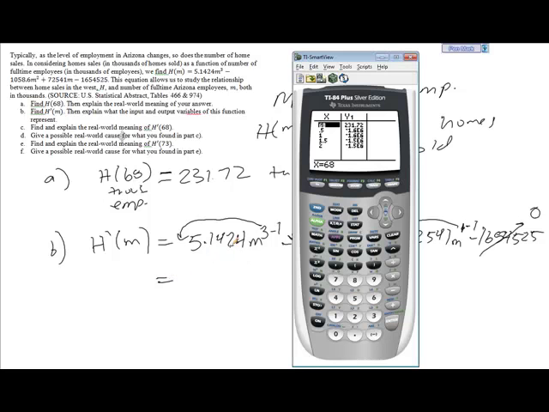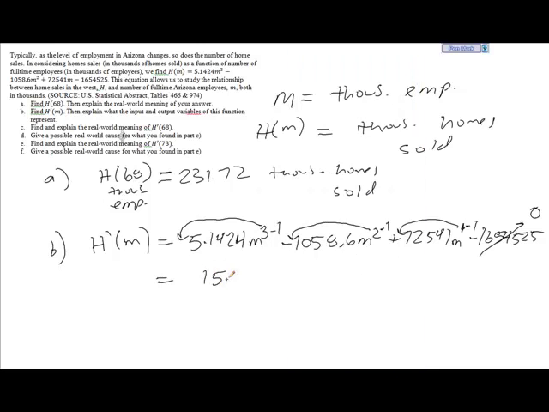So 3 times 5.1424 gives me 15.4272. And I'm just going to be careful with my rounding here, because I've worked through this and I know that the rounding error creates some big differences, because some of these terms are extremely small and some of them are extremely large.